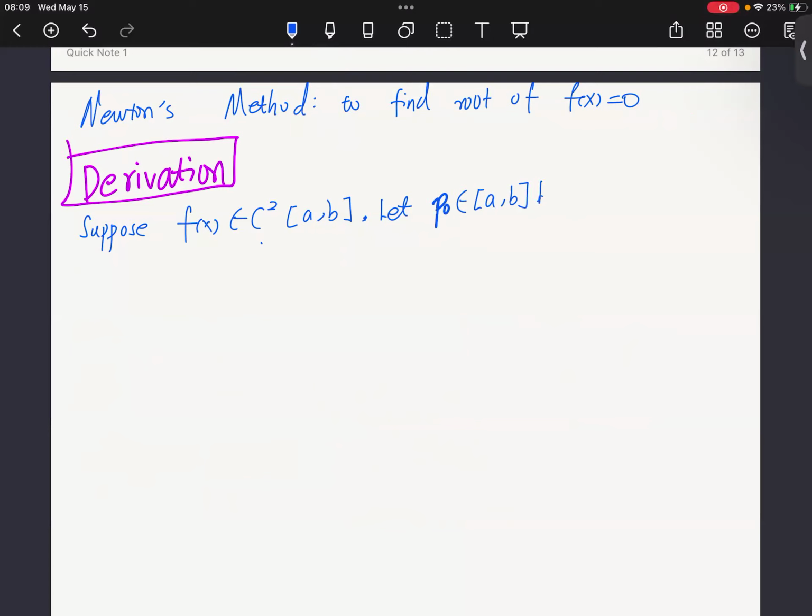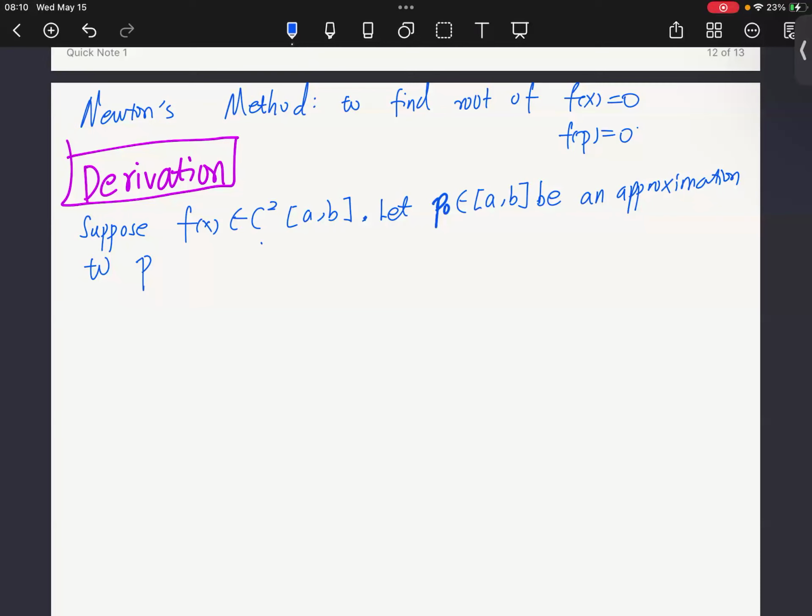And let's say this p0 is an approximation to p. Here p is the solution of f(p) equals 0, which means that p is the root of the equation, and we are saying that p0 is the initial guess to approximate p.